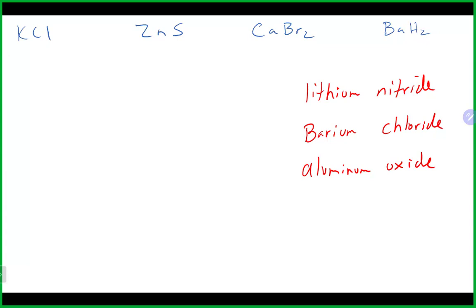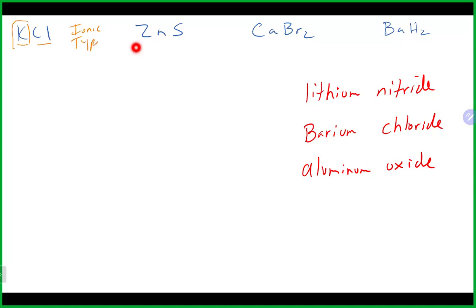Okay, let's take a look and see how you're doing. So again, we'll start with the formulas here, and we want to give the names. So really, you want to look at it and see what you're dealing with. Here we have K, which is a metal. We have Cl, which is a non-metal. So right off the bat, that tells you this is ionic. It is always the metal that's the most important guy to look at, and that K is in group number 1, which means it has a fixed charge.